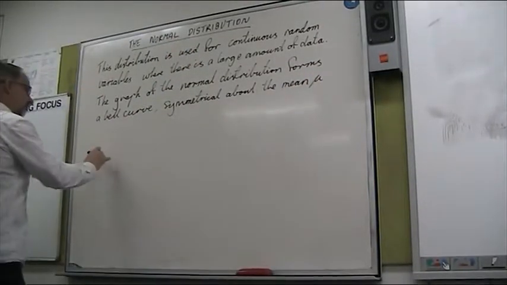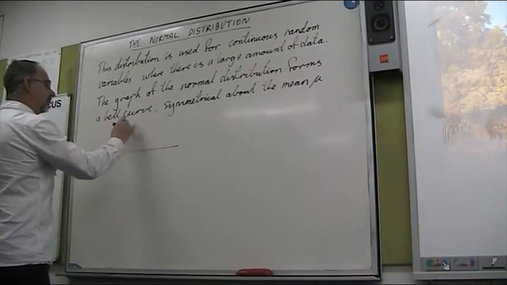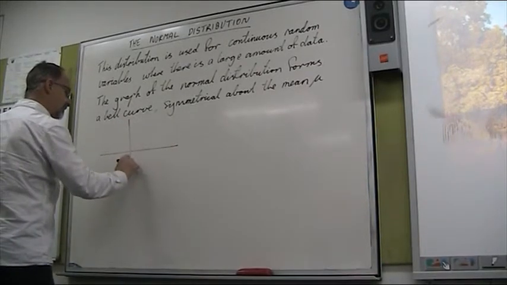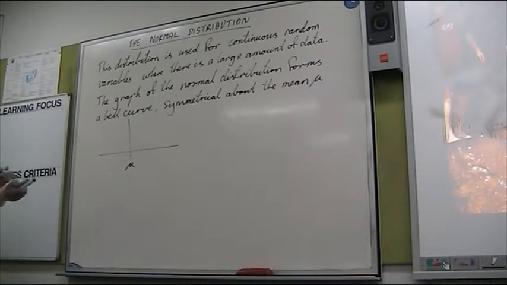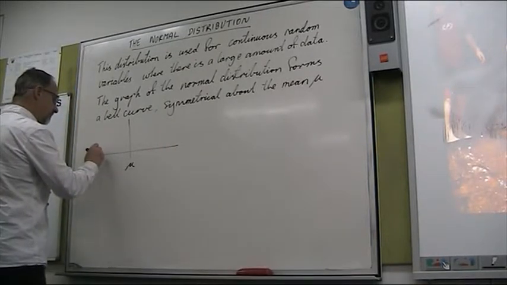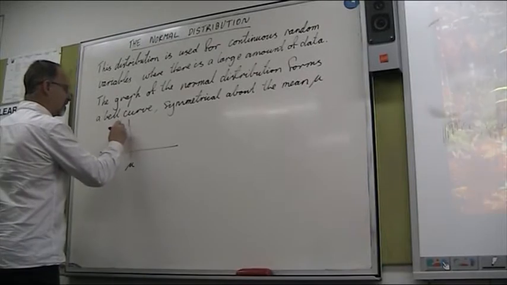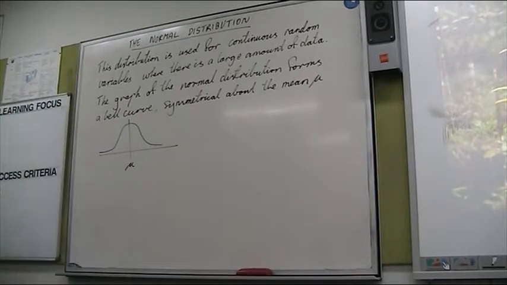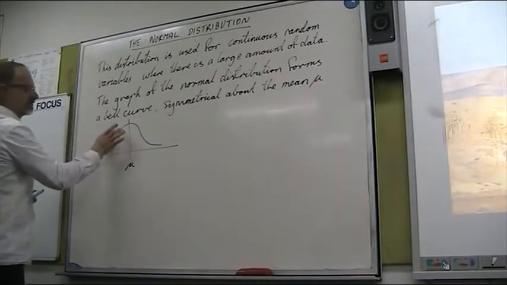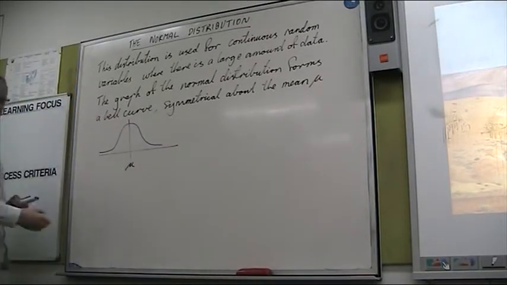So, for example, if we have the mean in the middle here, then your normal distribution has this kind of shape, like a bell, and that's symmetrical about where the mean is.